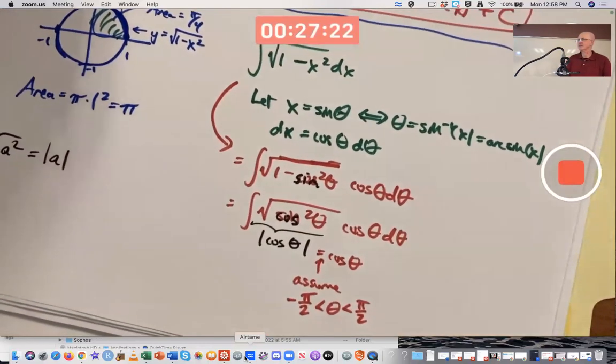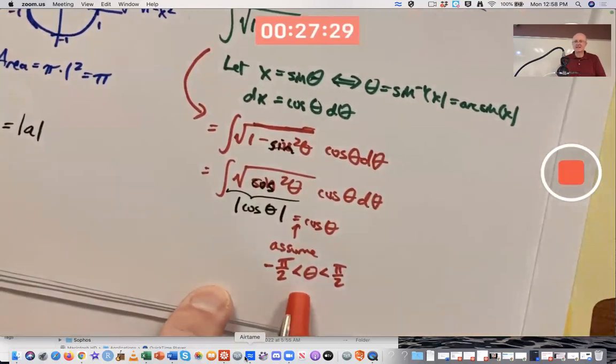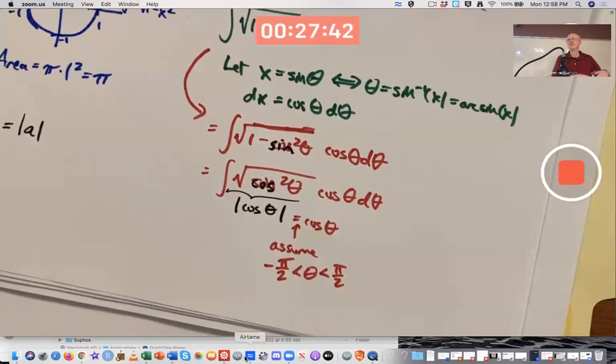We get the right answer in the end. Actually, in the case where theta is not between negative pi over 2 and positive pi over 2, in the case where cosine theta is negative, we actually end up with two negatives making a positive in the end anyway. That's why you end up getting the same answer either way.